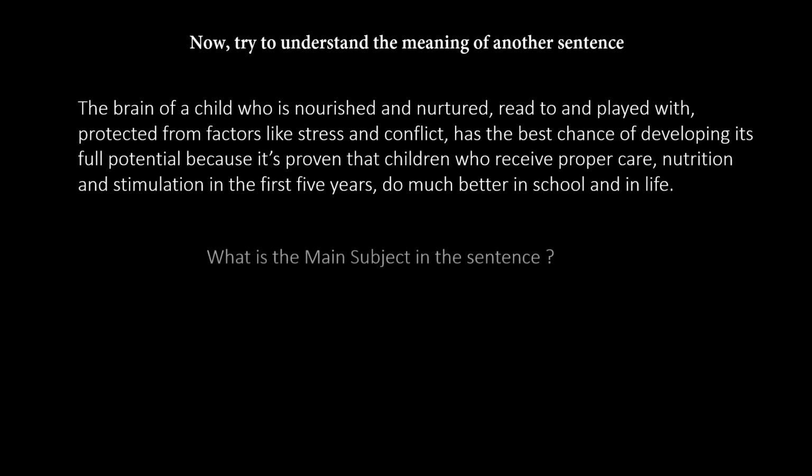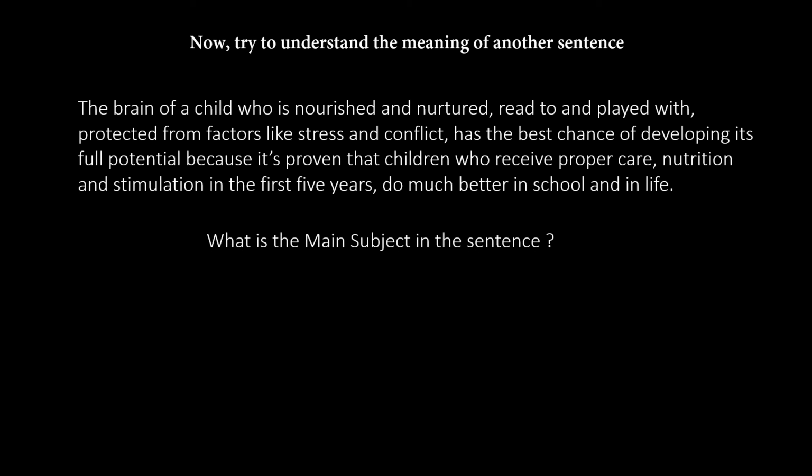Now, try to understand the meaning of another sentence. The brain of a child who's nourished and nurtured, read to and played with, protected from factors like stress and conflict, has the best chance of developing its full potential, because it's proven that children who receive proper care, nutrition, and stimulation in the first 5 years do much better in school and in life.